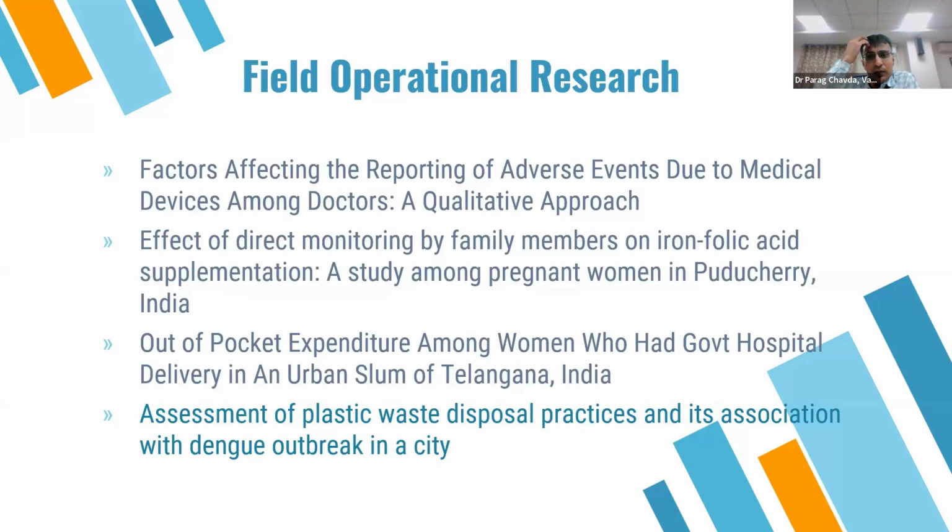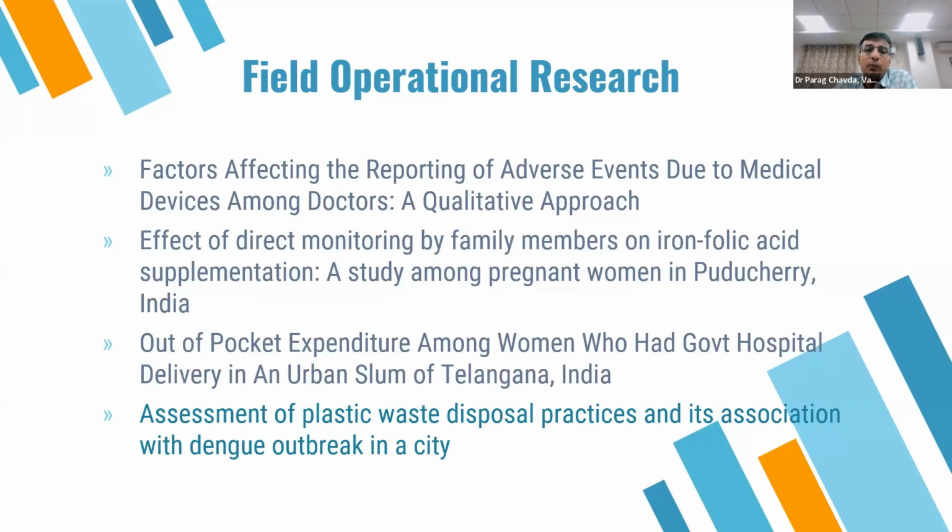Second is, we have a large number of pregnant women who are anemic. And iron and folic acid oral tablets are commonly prescribed to them. But we understand that the compliance is very low. Not all pregnant women, although it's necessary, take the medications for the required duration of time.